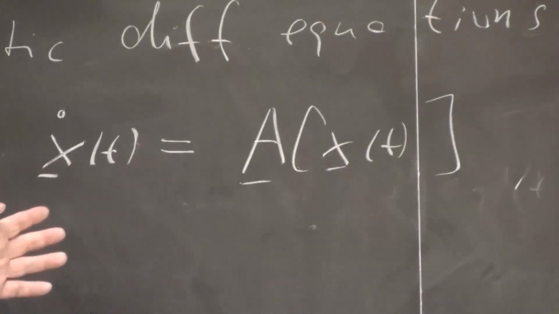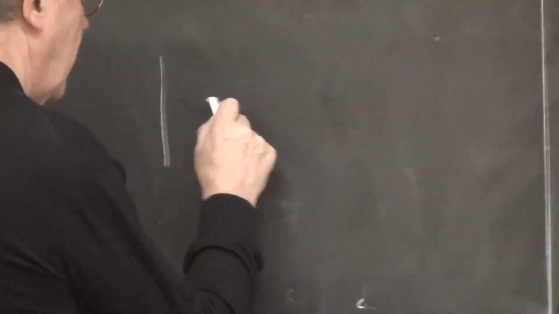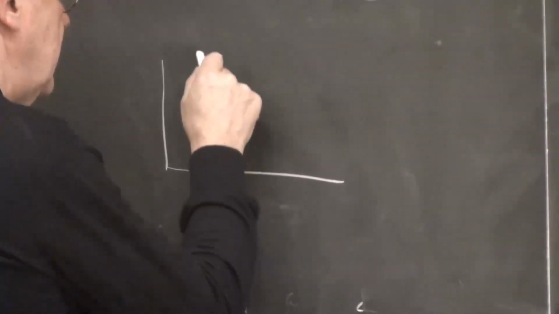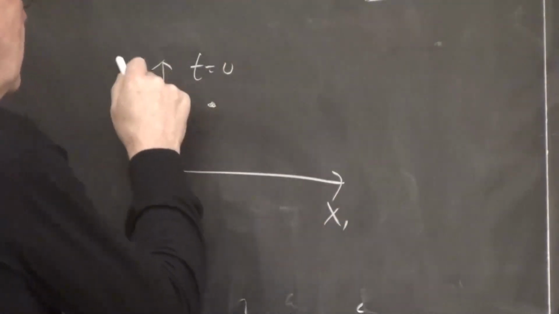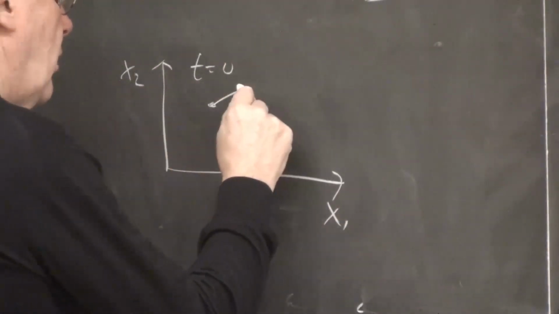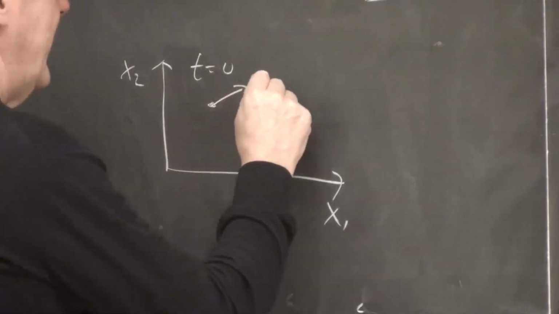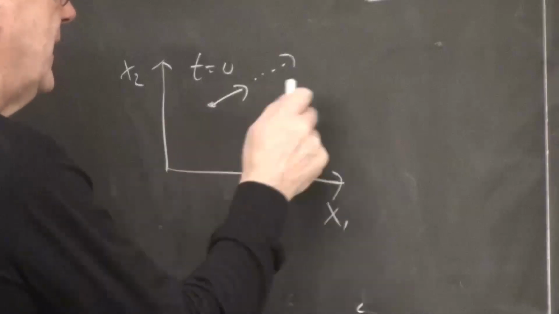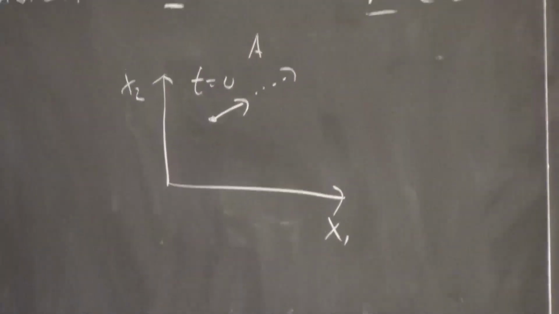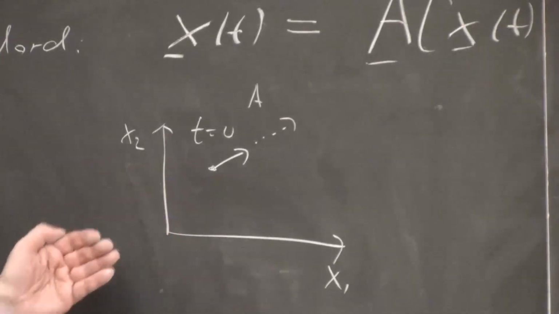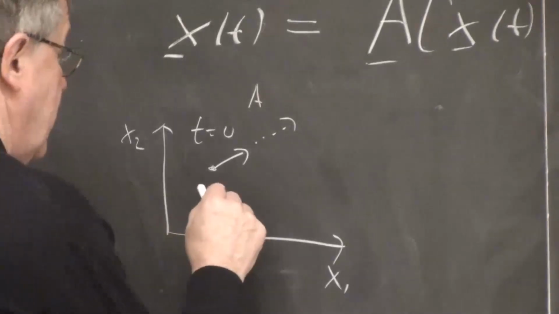When you solve this equation, let's say you are at this moment at t equals 0, and here is x1 and here is x2, then the solution will go in this direction. Why? Because the direction of A at this point is exactly this direction, and the magnitude of A is such that in a time delta t you make a certain displacement.